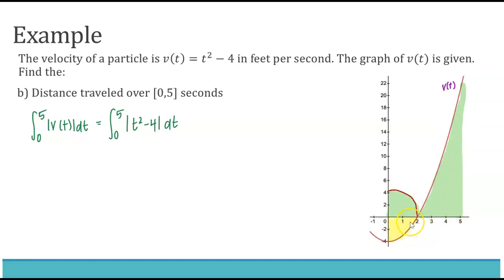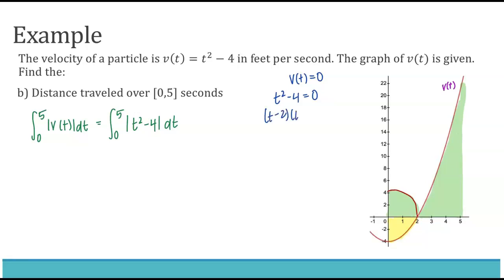So I am going to need to split this up into two separate integrals. Because I have the graph, I can see that I'm going to have to split it up at the t value 2. If I didn't have the graph, I would have to do the calculations to find when the object is at rest. When does v of t equal 0? So I'd have to solve this equation: when does t squared minus 4 equal 0?